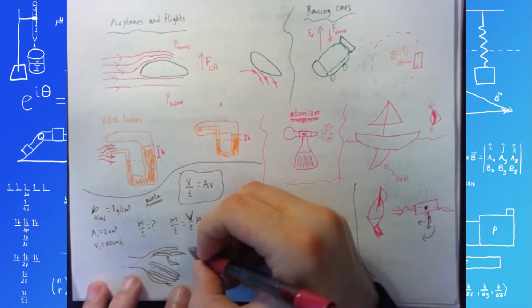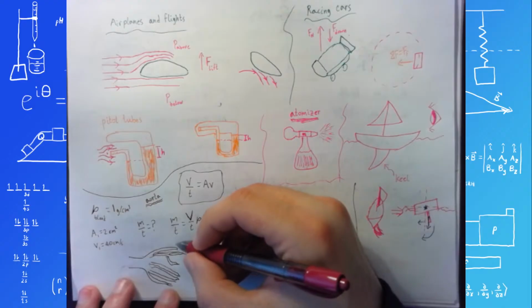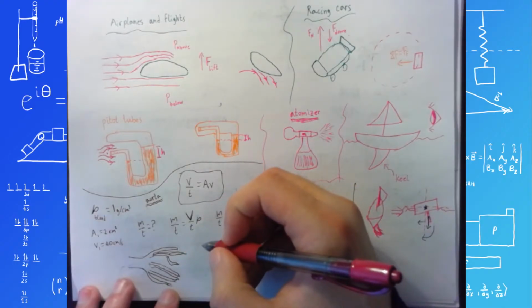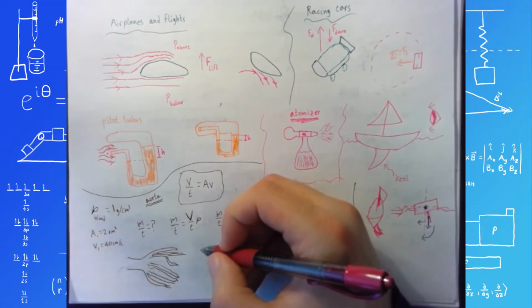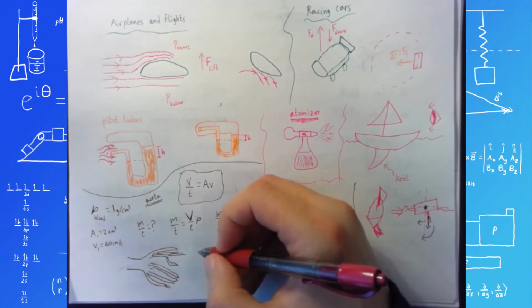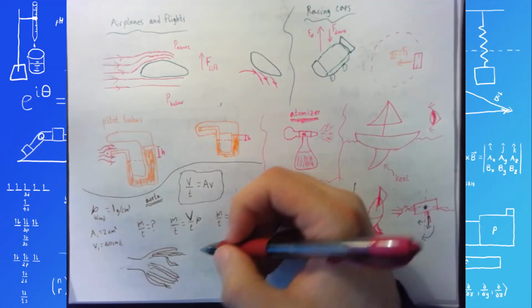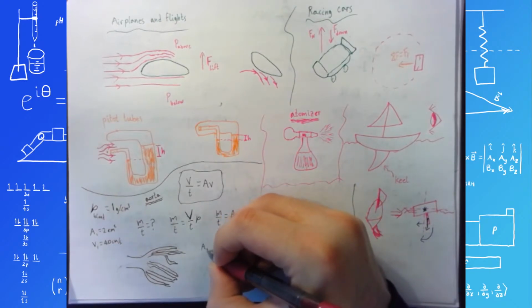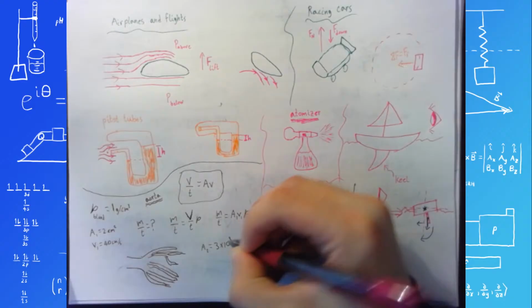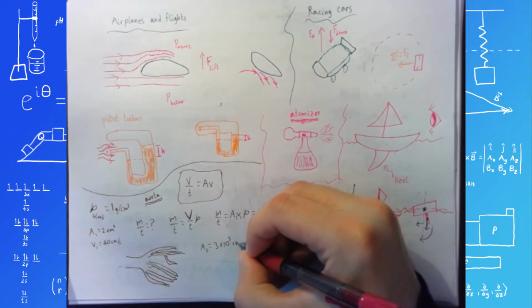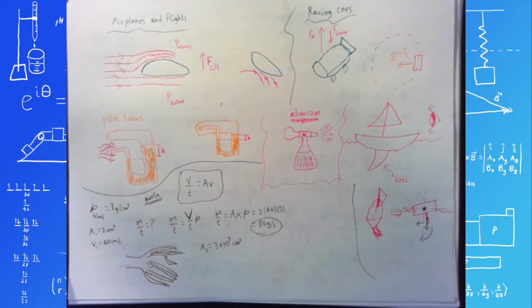eventually you end up with the blood flowing through a bunch of capillaries that have a combined total cross-sectional area of 3 times 10 to the 3. So A2 is going to be 3 times 10 to the 3 square centimeters.